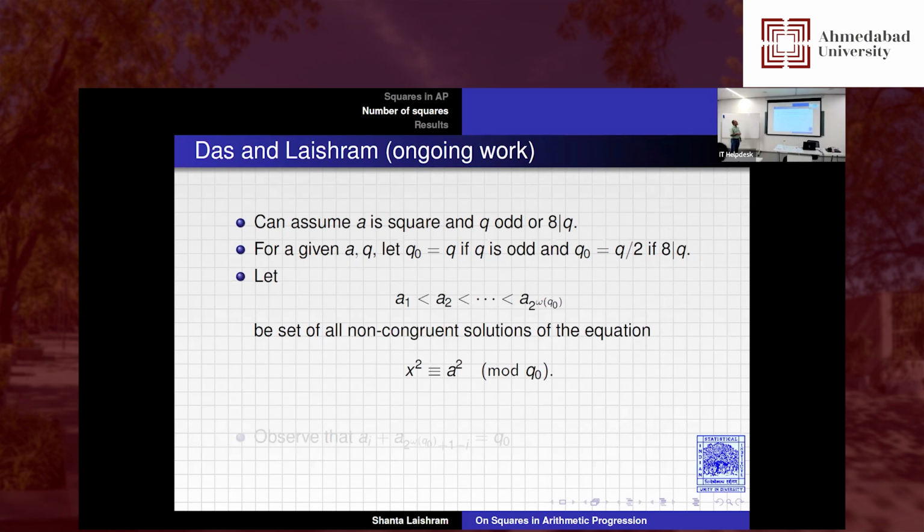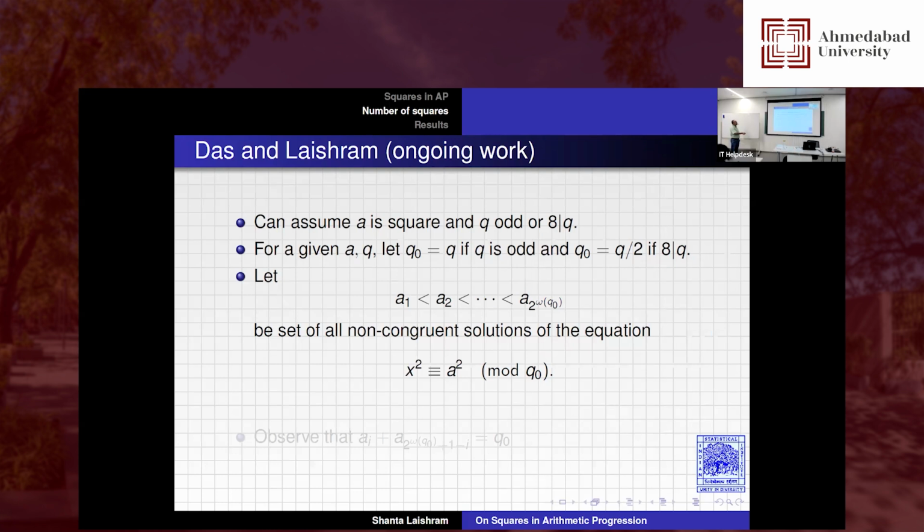Given any q which is odd, or q naught, which is q by 2 if a divides q, let's count the number of solutions of this equation: x square is a square mod q naught.